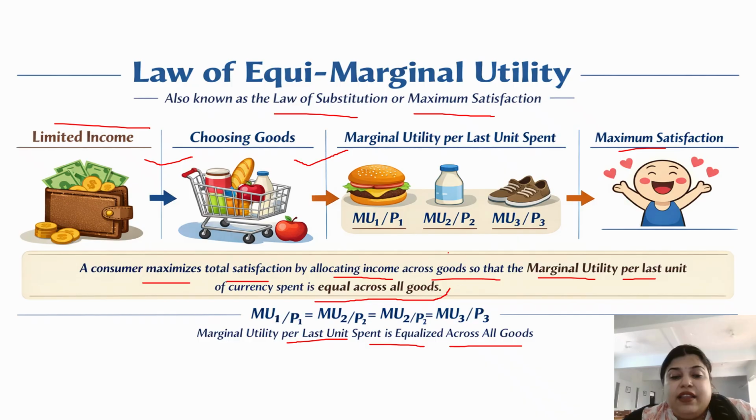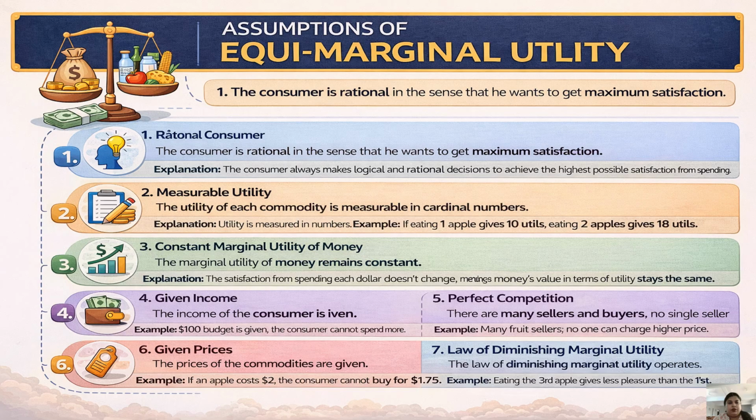It means that the ratios of marginal utilities to prices are equal. Now, let's see the assumptions of equimarginal utility. Here, we have already taken an assumption that the consumer is rational in the sense that he wants to get maximum satisfaction.